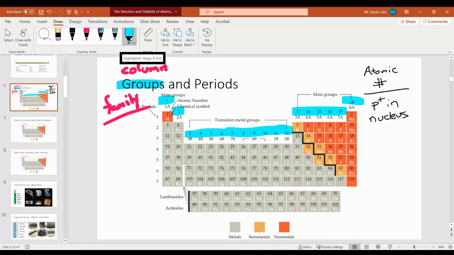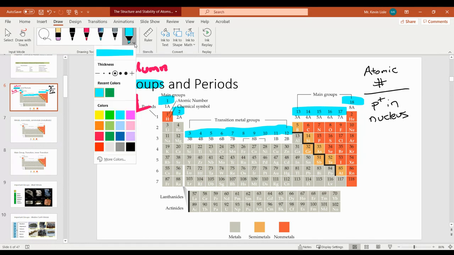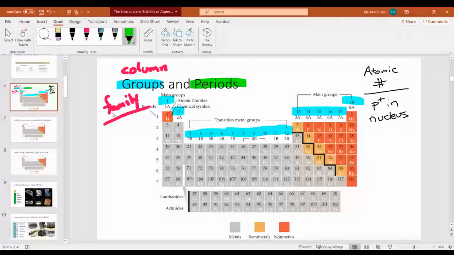The other organizational feature, at a very fundamental level, is what we refer to as periods. Periods are rows on the periodic table, and they're also numbered sequentially from 1 down to 7. Again, we leave out the bottom two rows, the lanthanides and the actinides. These periods represent rows.